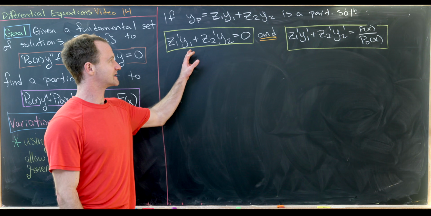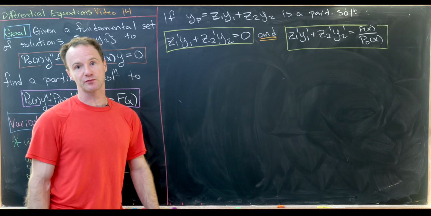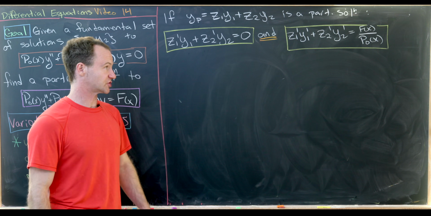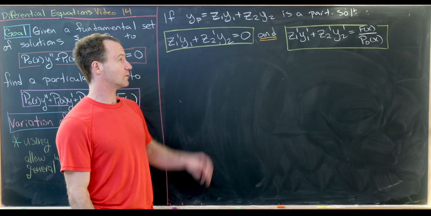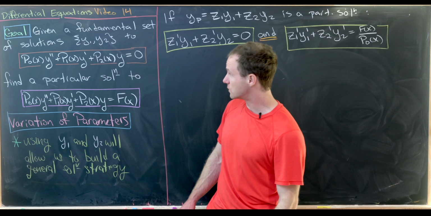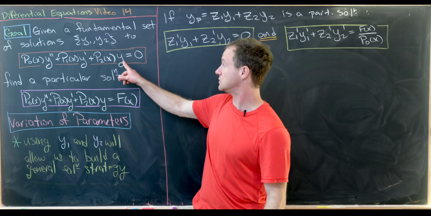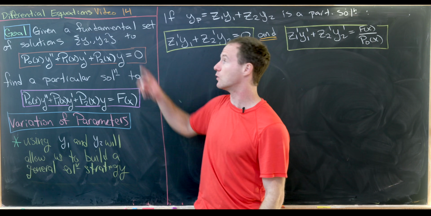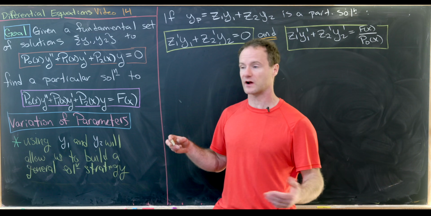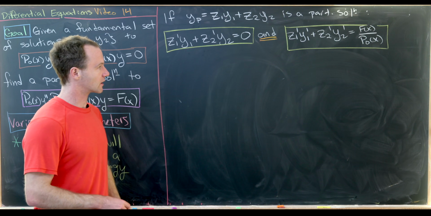But notice we've got a system of equations for z1 prime, z2 prime. Recall that z1 and z2 are the unknown functions, whereas y1 and y2 and f and p0 are known functions. Recall that we know the solutions to this homogeneous equation, so we know what those are. Maybe they're like e to the x times sine x, or maybe they're like 1 over x, or something like that. The point is we know what those functions are.